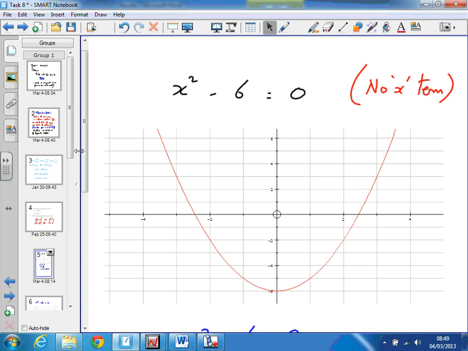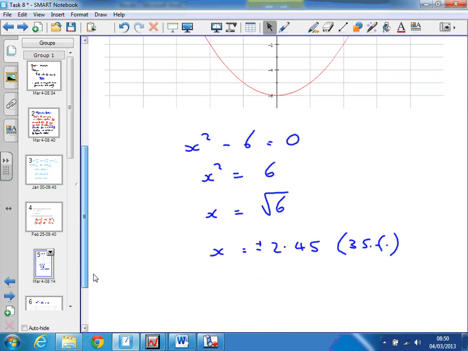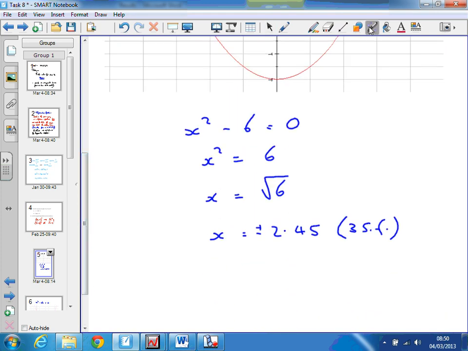So the solutions are going to be the same, but one is going to be positive and one is going to be negative. The reason is, whenever I come to solve it, I'm always going to be adding whatever this number is to both sides. I'm going to get x squared equals a number, so the answer would just be the root of that number, which will be positive or negative. Worth bearing in mind that that's what you're going to expect to get if I've got an equation like this to solve.